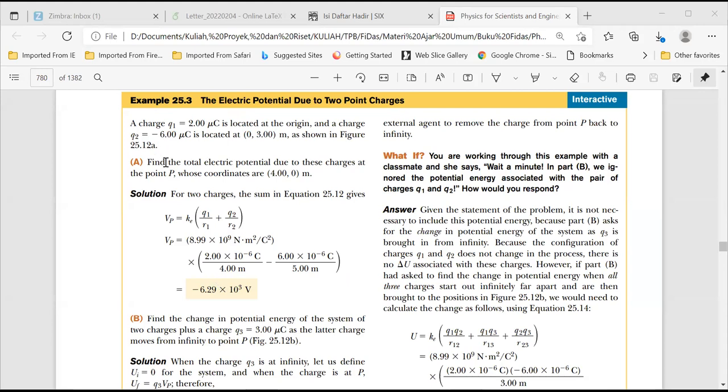So this Q1 is equal to, this mu is micro, 10 to the minus 6 coulomb. Okay, the total potential at point P, so this is only the sum of this.